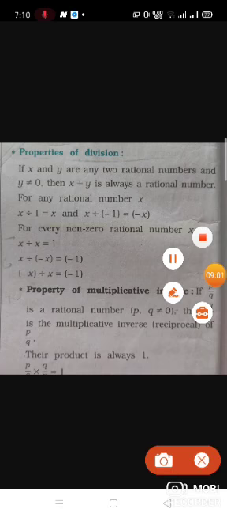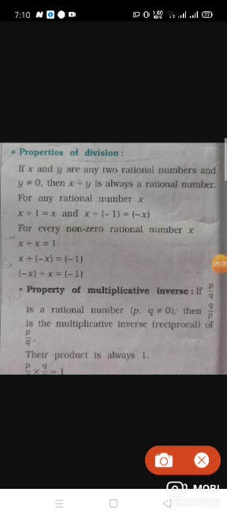now we are going to see the property of division. Here, if x and y are any two rational numbers and y does not equal 0, then x divided by y is always a rational number. So suppose we take x equal to 6 and y equal to 2, so 6 divided by 2 is equal to 3.